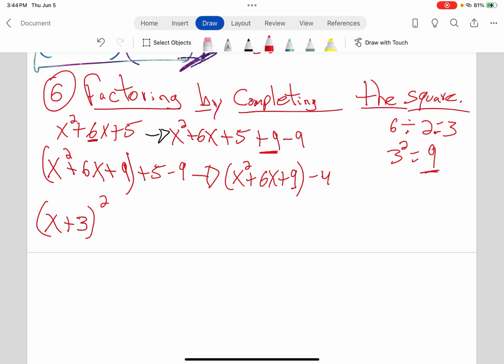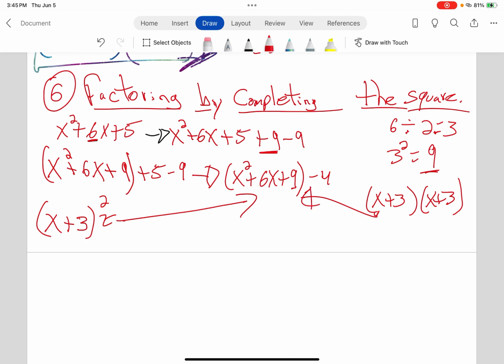So now you can confirm that this is equal to this, because when you multiply x plus 3 times x plus 3, that's the square meaning, right? You will get this. So you can do this by this, this by this, and then this by this, and this by this, and you will get the same. When you simplify doing little algebra, you will get the same. So if you have found those, you can prove it.